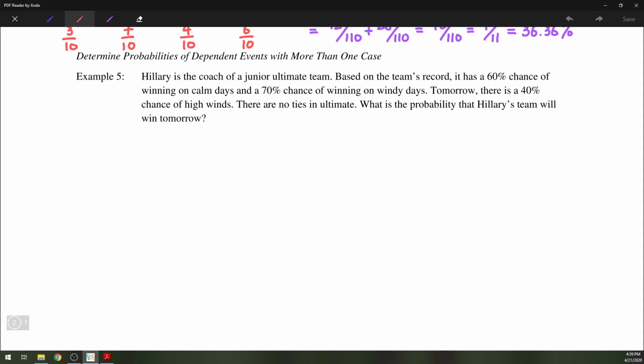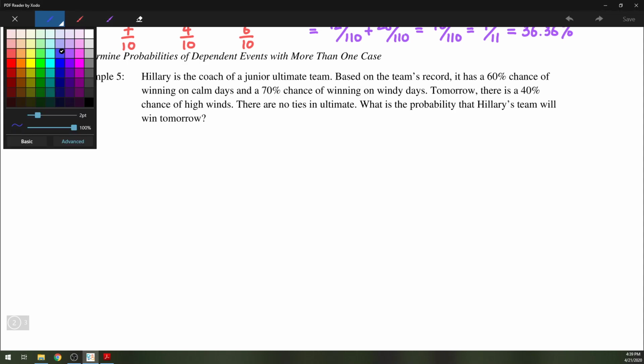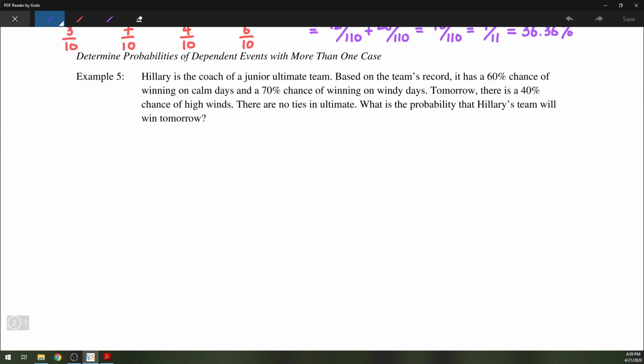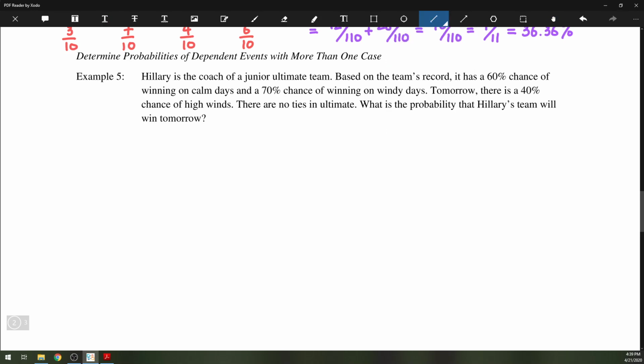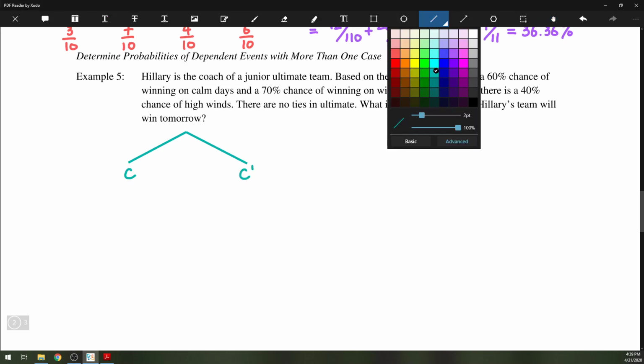Okay. So here, once again, you want to draw a tree diagram. And you can see that the winning probabilities are based on weather. And there's only 2 weathers of interest, either it's a calm day or not a calm day. And then the team can either win or not win.